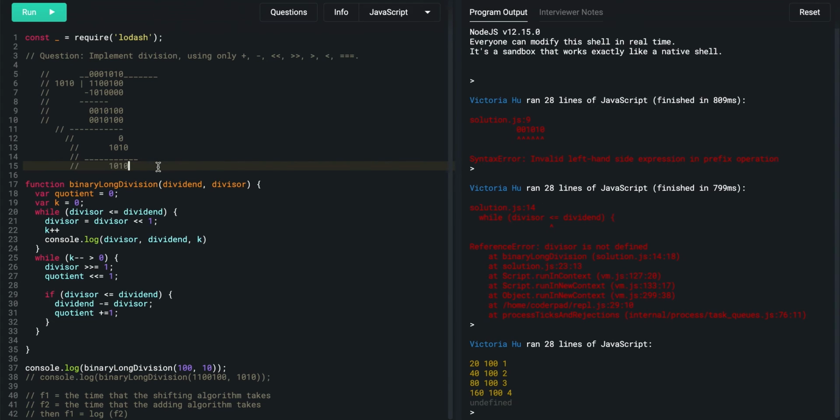And then we want to right shift our divisor. So basically, our answer would be 1010, and this would be the remainder.